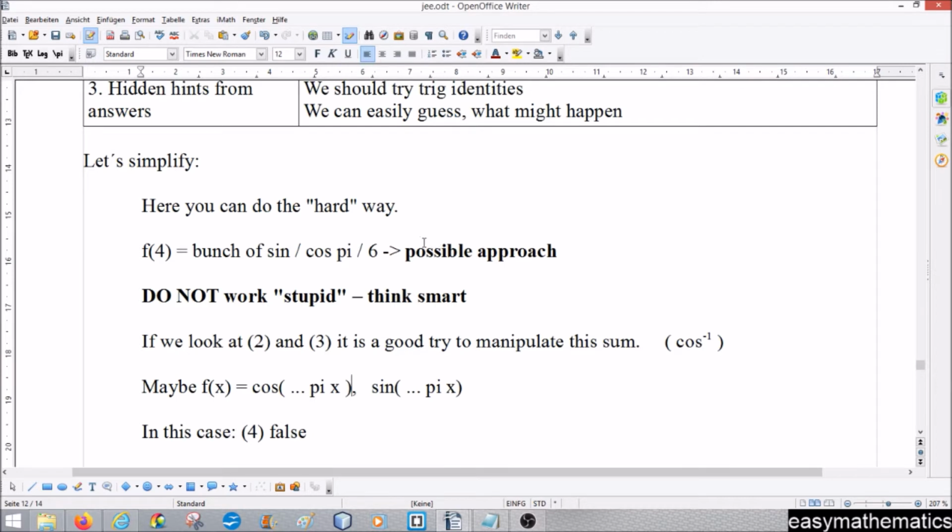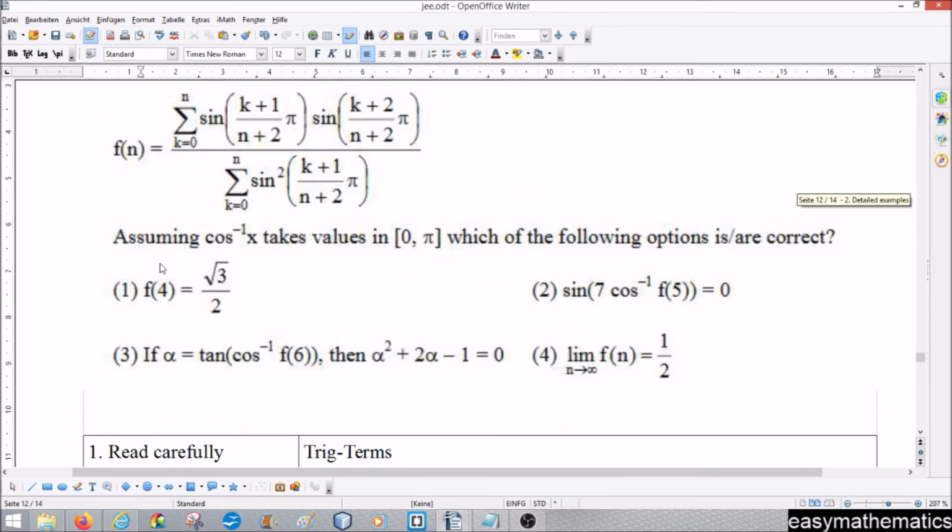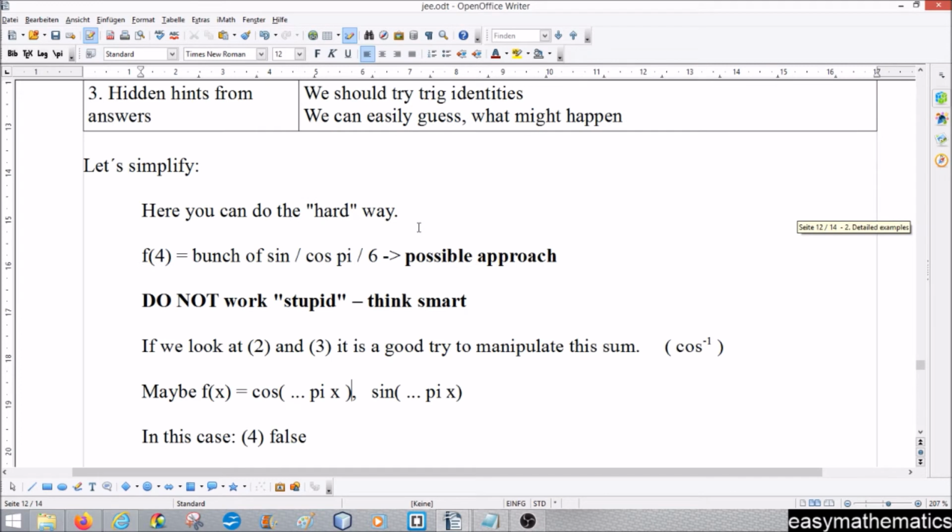For example, question 1, you can do it by hand, calculating all these products and summing up. This is possible because if we plug in 4, we get something pi over 6, and something pi over 6, and these are nice values. If you look at 5, we get something pi over 7, and these are not so nice values, so it's a good choice to try to manipulate this sum.